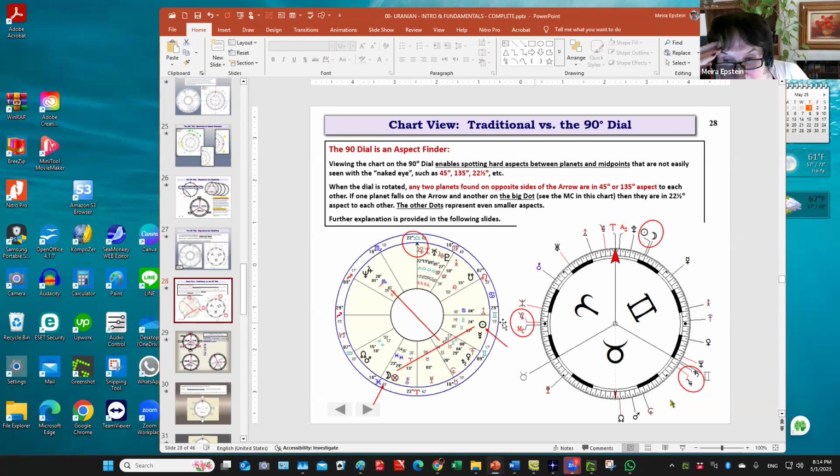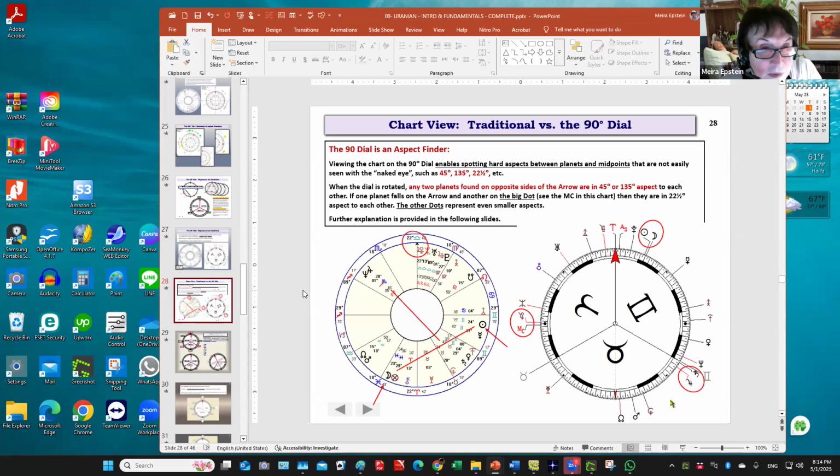Now, 22.5, here's what I want to tell you: if you're in a regular chart, even before you go to the dial, and you see any planet anywhere at 22.5 cardinal, such as here on the left, right away your brain will say that's a connection with the world axis. This is what happens when you live with a dial, when you use the dial all the time.